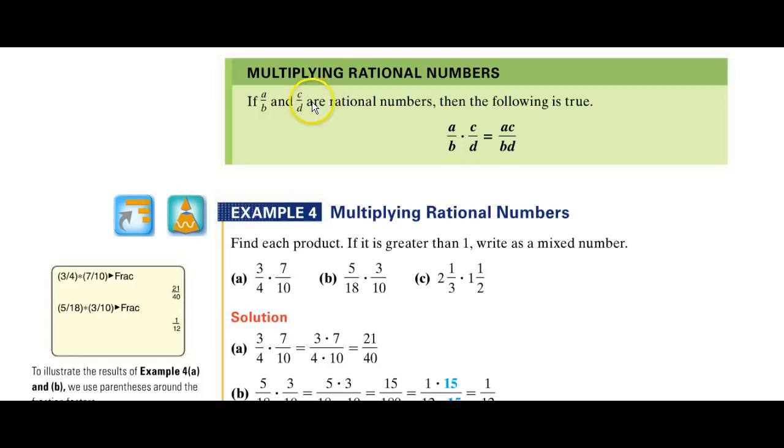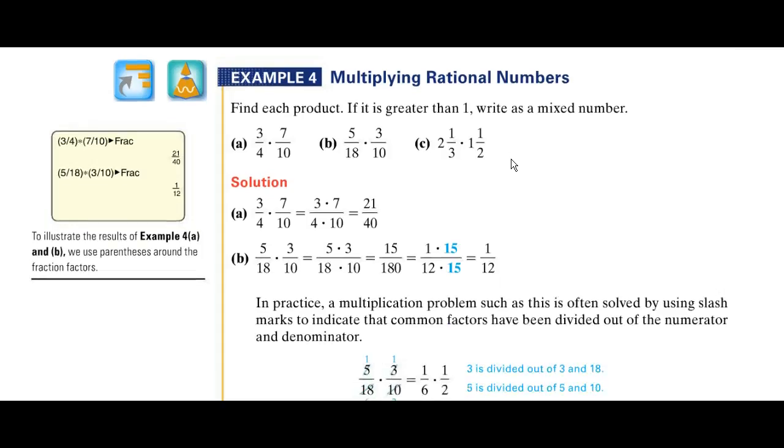Now, as we move into multiplication of fractions, the general rule is multiply your numerators, multiply your denominators. Now notice there are no common factors that we can cancel, and we should do that before we multiply. So let's look at some examples here.